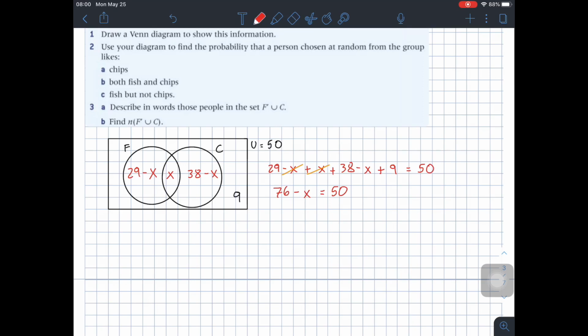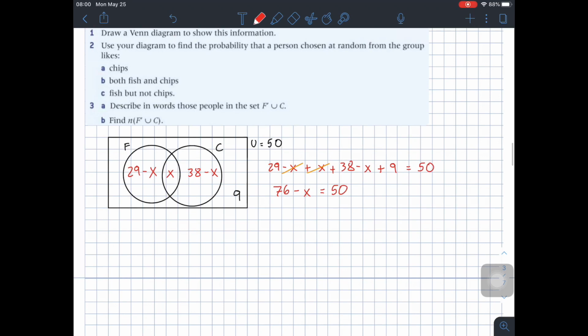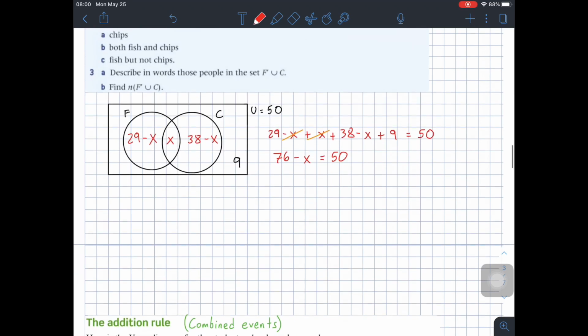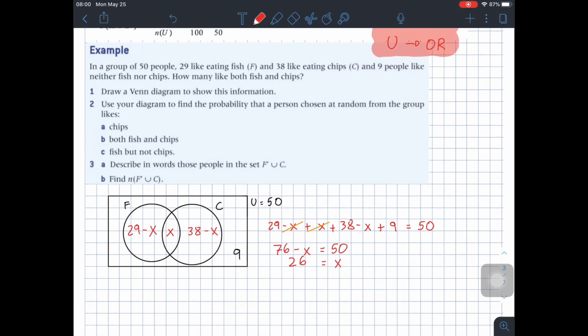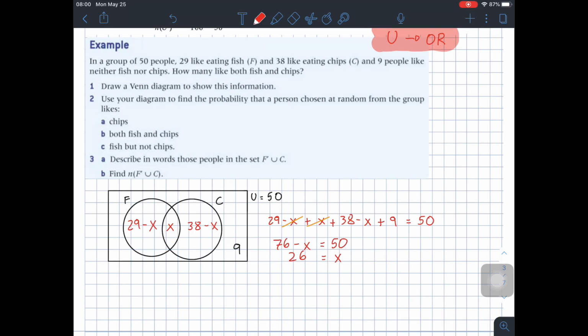Okay, so 76 minus x equals 50. So then we can solve for x. We could leave the x alone. 76 minus 50, that would be 26. So now we know how many people like both fish and chips, right? We know that the value of x is 26.